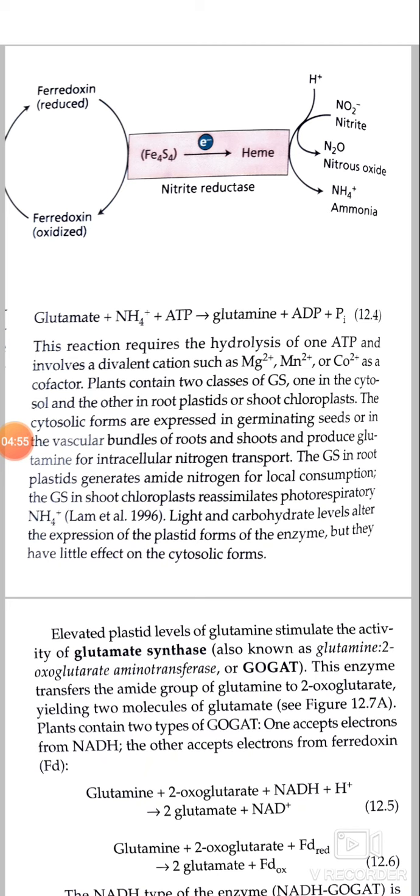Here is the equation: glutamine plus GOGAT plus NADH forms glutamate and NAD. And in the other, glutamine plus GOGAT enzyme plus ferredoxin in reduced form forms glutamate, and ferredoxin is oxidized.